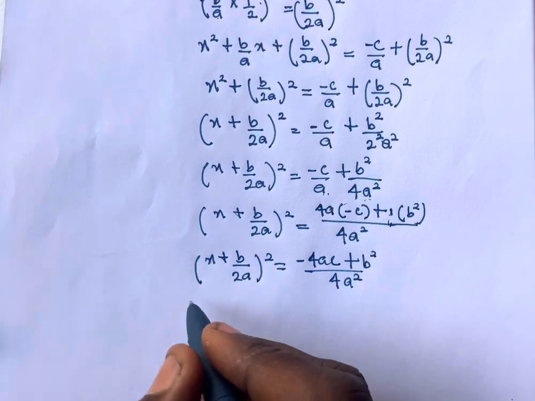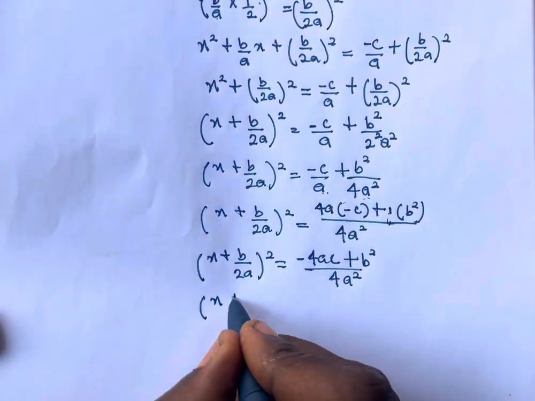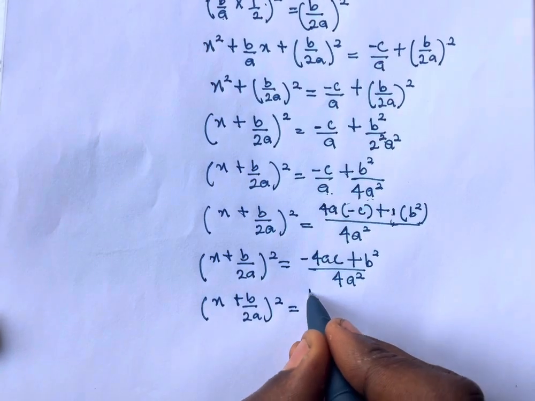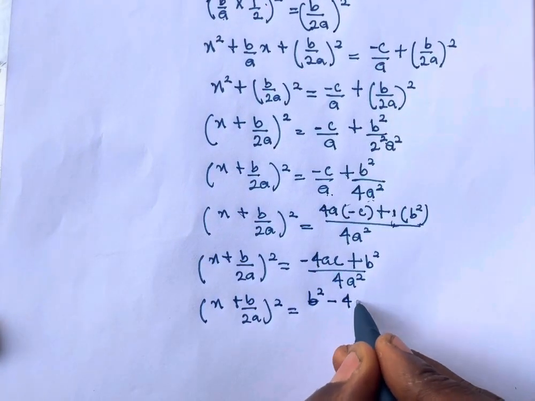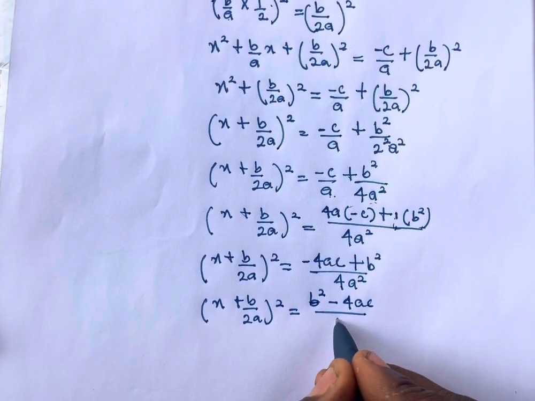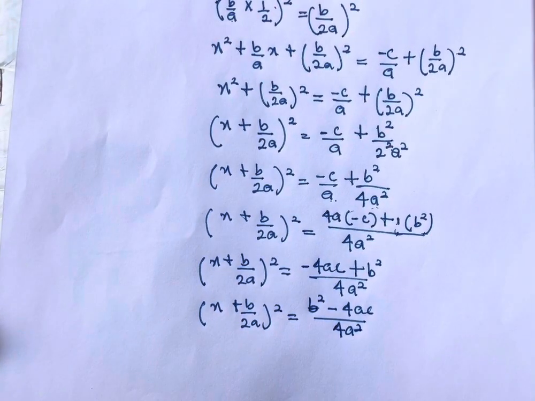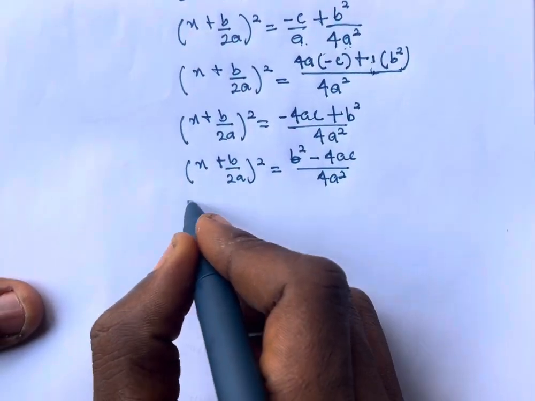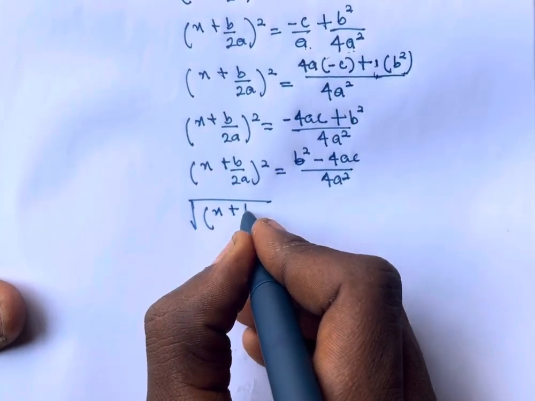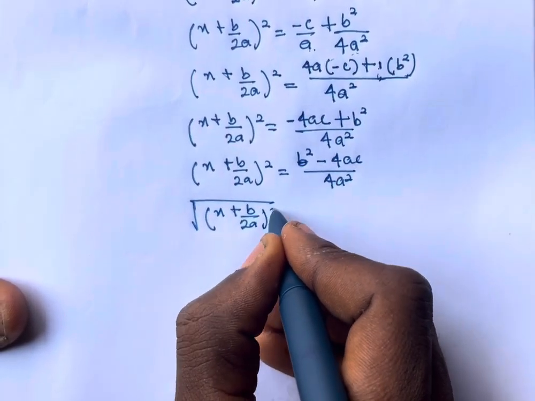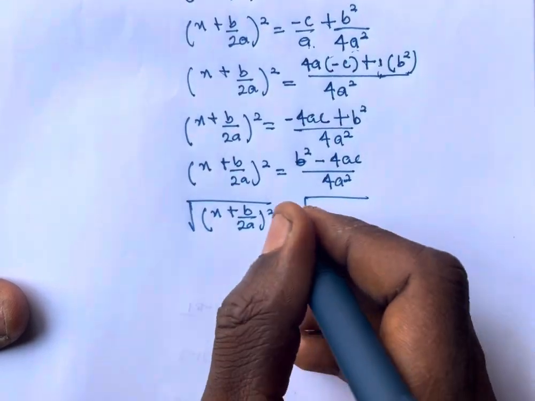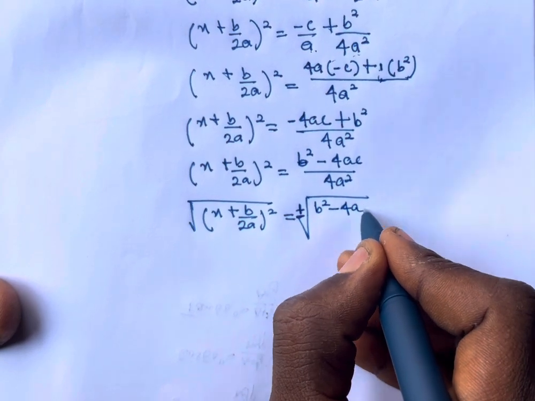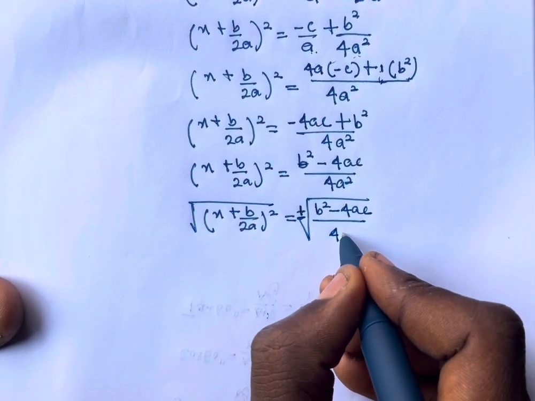So this implies that we can have x plus b over 2a squared is the same as having b squared minus 4ac all over 4a squared. Now, if we square root both sides, we will have x plus b over 2a is equal to plus or minus the square root of b squared minus 4ac all over 4a squared.